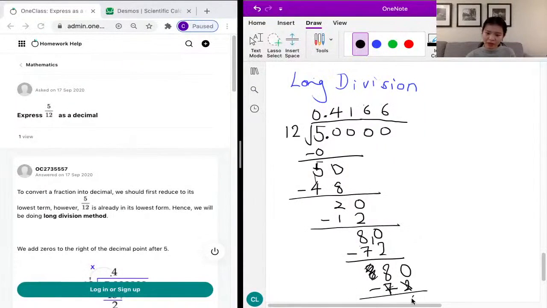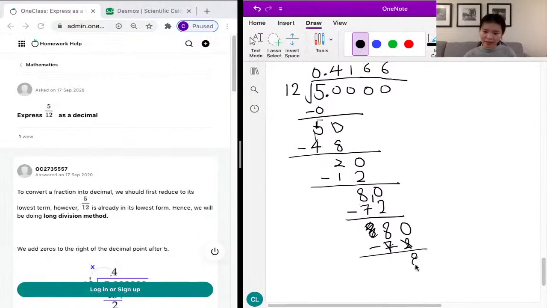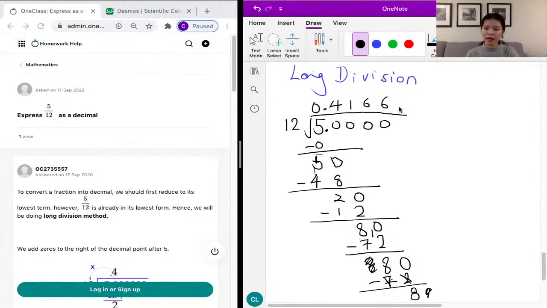So again, you would drop the 0 and put the 6 up here, and this goes on forever and ever. So the decimal we're converting this number to goes on forever.